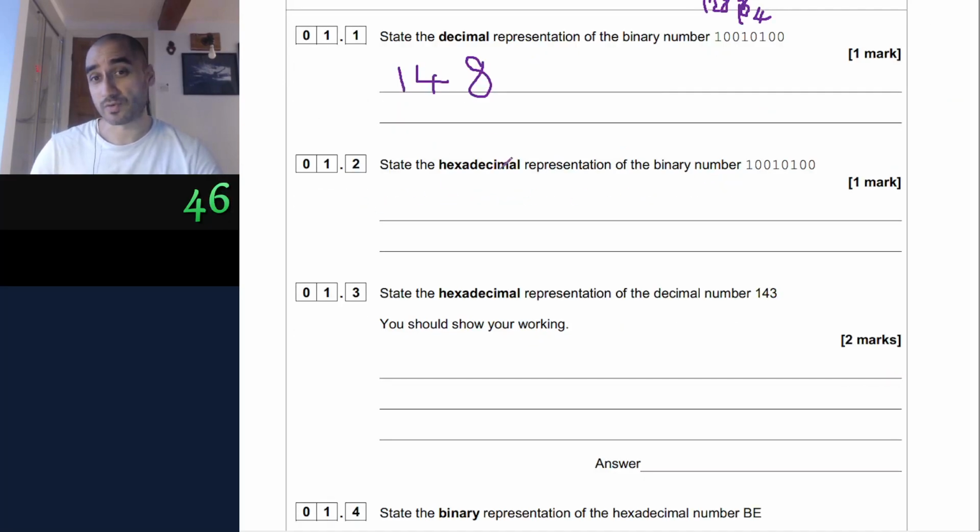State the hexadecimal representation of the binary number. Well, it's the same number. Okay, so take 148 divided by 16 is 9. What's 9 16s? 144.